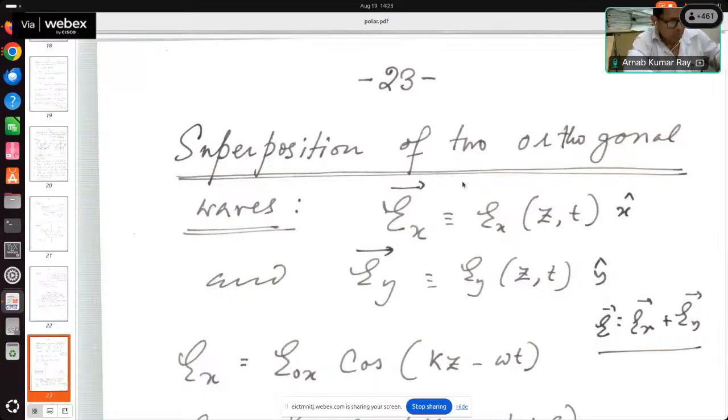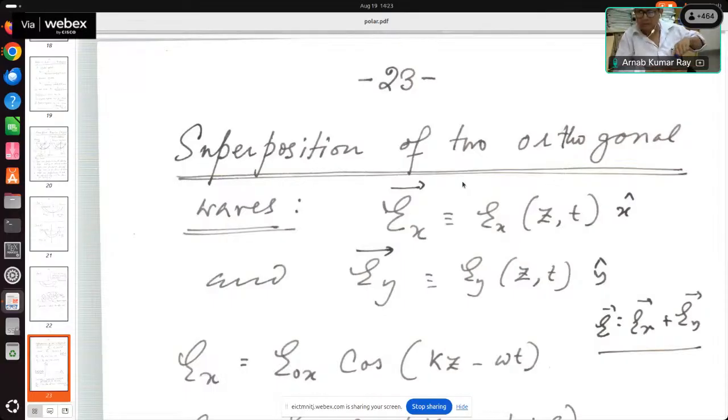Now, yesterday, I hope you remember my mentioning that any linearly polarized state can be decomposed into two mutually orthogonal components. When I say a linearly polarized state, I mean the electric field vector is oscillating with a certain orientation with respect to the x and y coordinate axes.